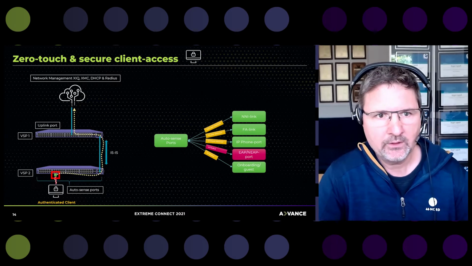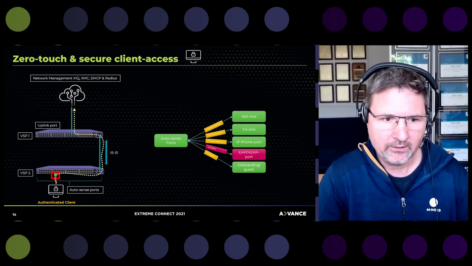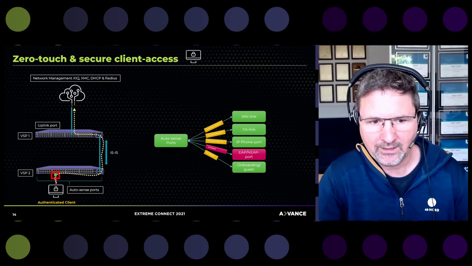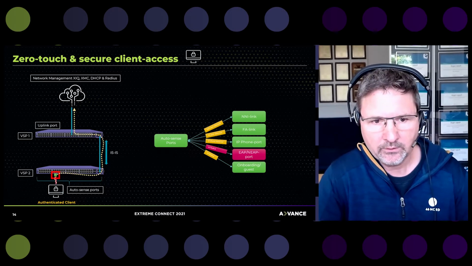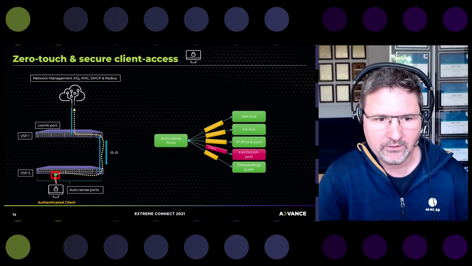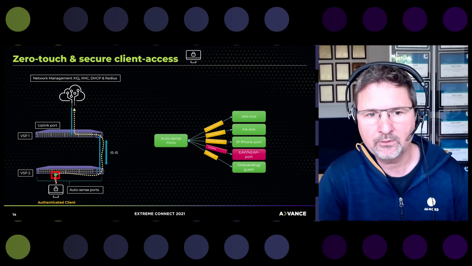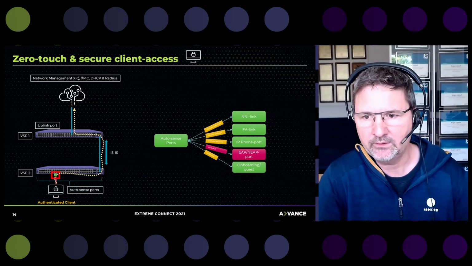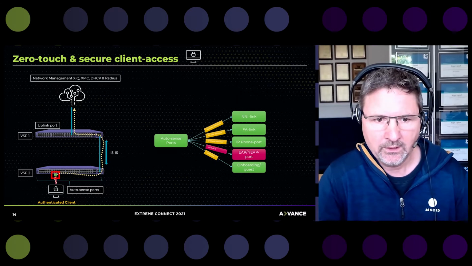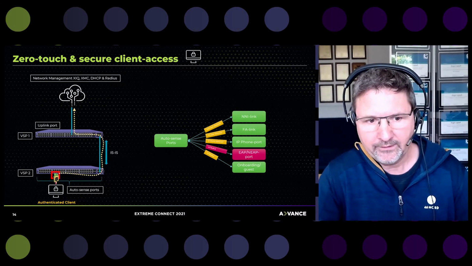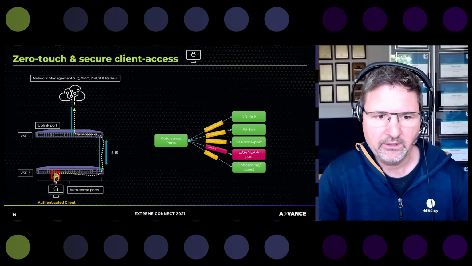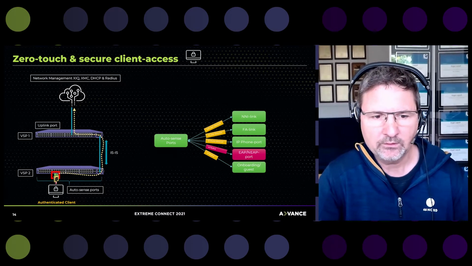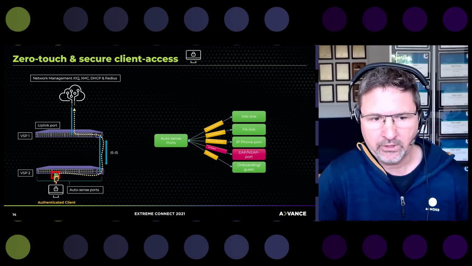In this case, probably there is an authentication of this client connected to this port, and a service is sent down automatically through Radius, and then this PC communicates over this yellow service to wherever it needs to communicate to. On top of that, also a policy, basically a filter, can be sent through Radius to this port without any pre-configuration of the port.